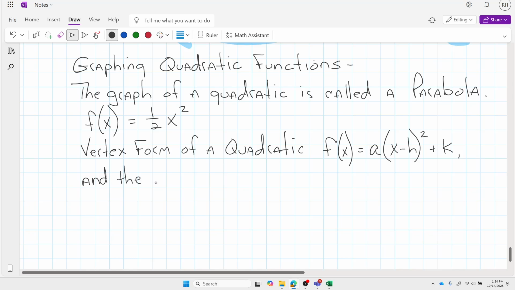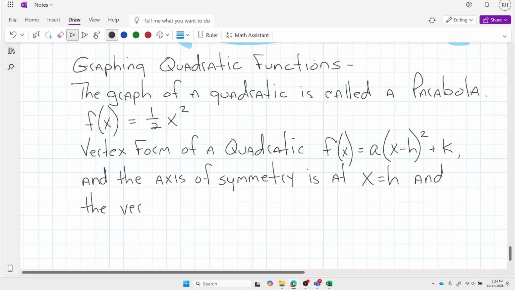And the axis of symmetry is at x is equal to h, and the vertex is at the point (h, k).